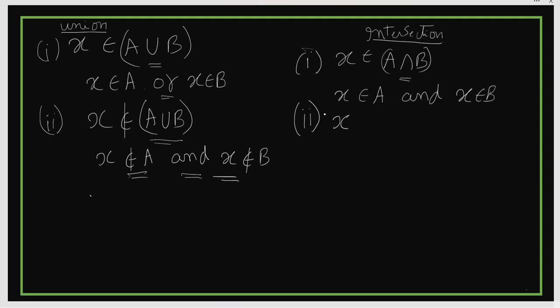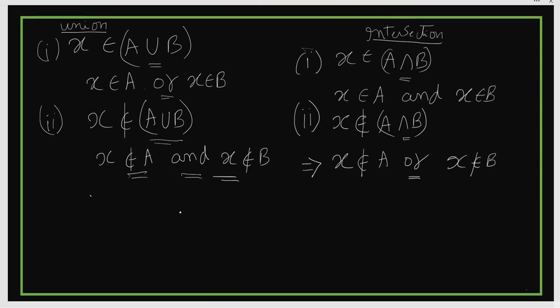If x does not belong to A intersection B, then it implies x does not belong to A or x does not belong to B. Remember this. When it is intersection, then does not belong to becomes or.